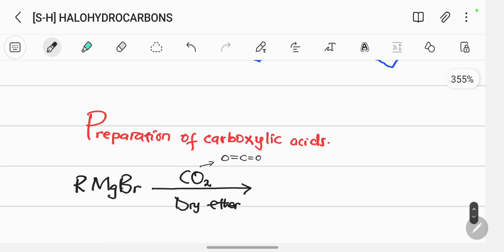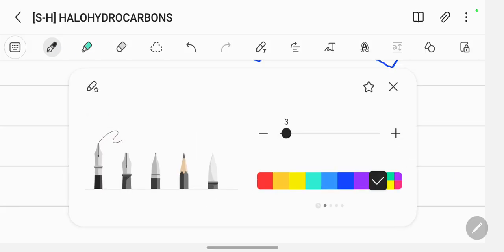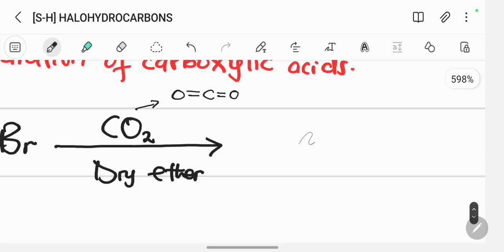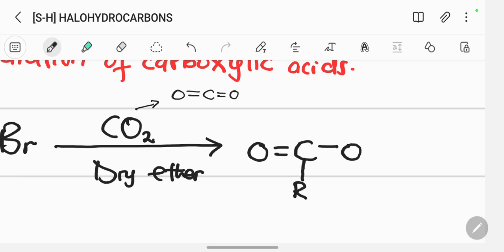So what Grignard does, it's going to give this alkyl group to that carbon atom there, such that this carbon atom, which was having two oxygen atoms bonded together, this is what happens. It was once like this, but now Grignard will take off that bond and give it the alkyl group.